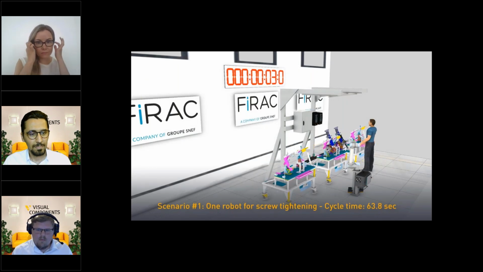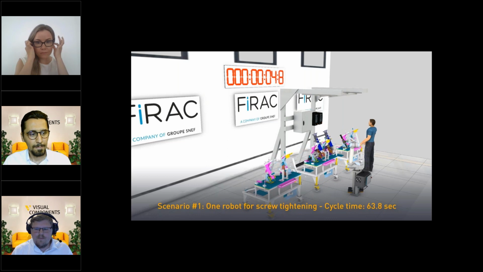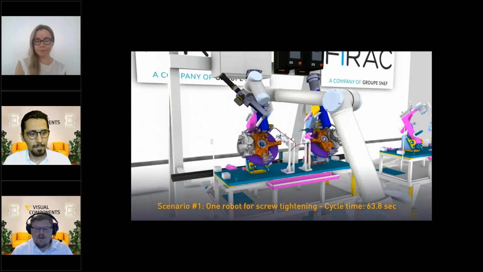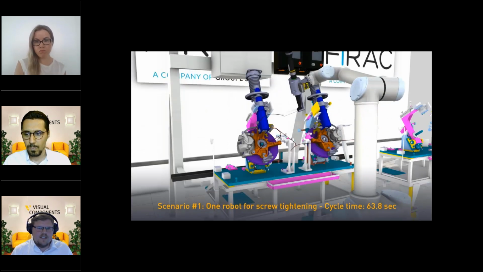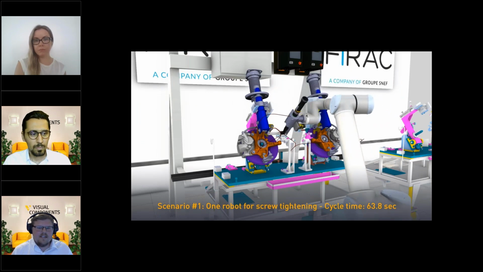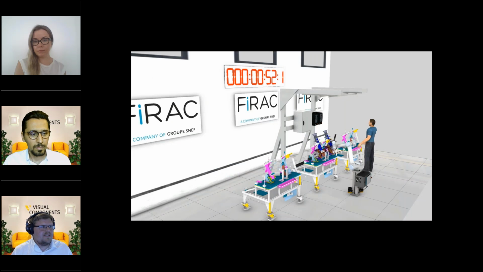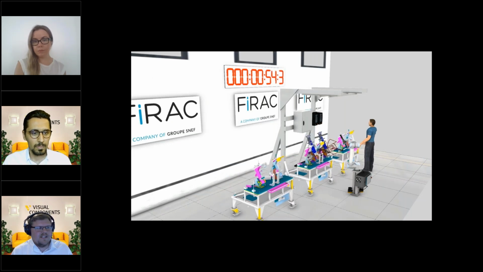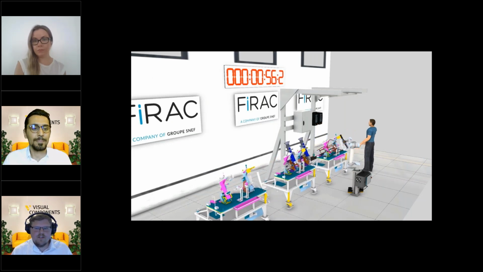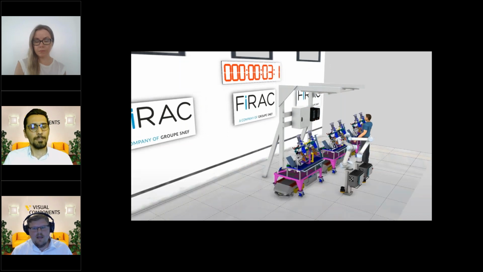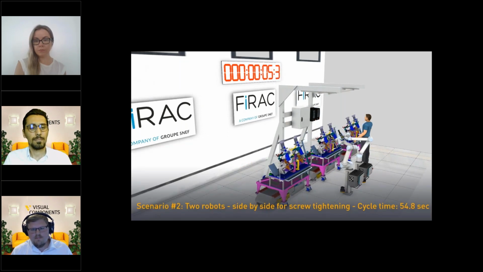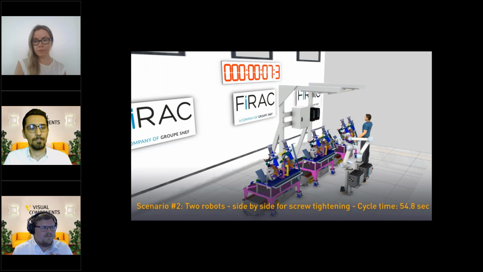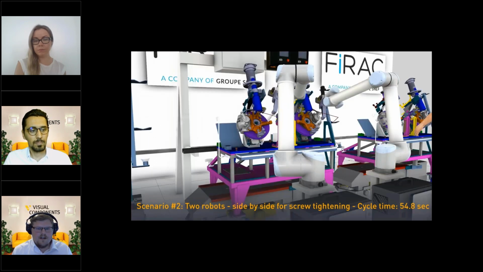So what is this project all about? So we had this manual production cell or station at the PSA group. The job here at this station was to tighten some M6 and M8 bolts to this assembly. And the process spanned over 4 shifts. And during these 4 shifts, you have many different operators there.